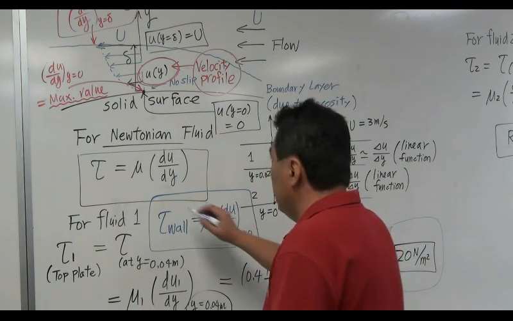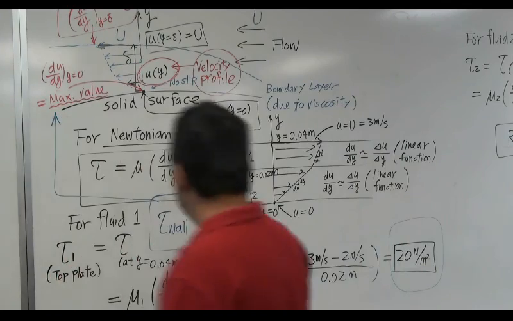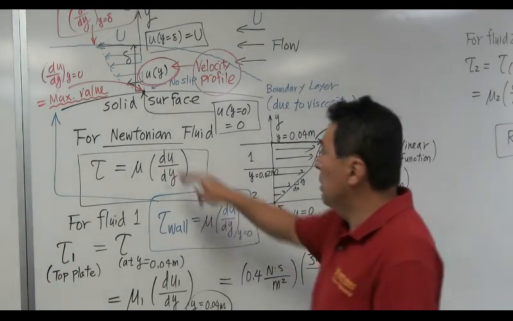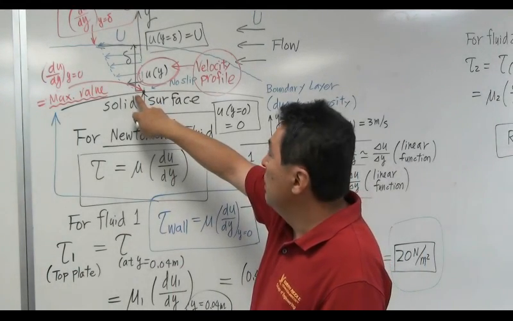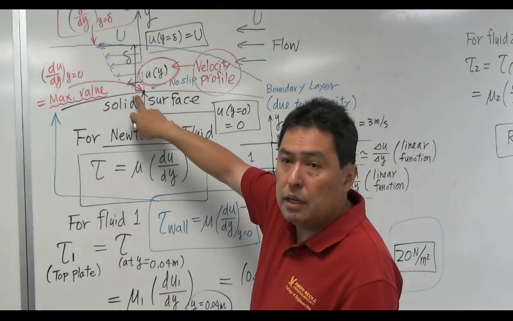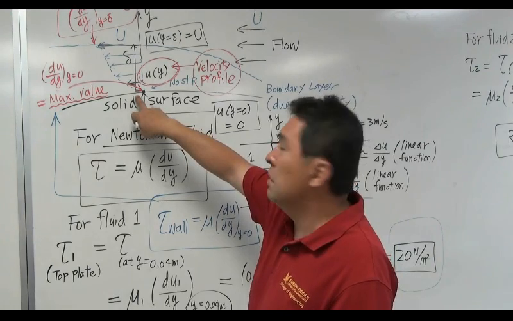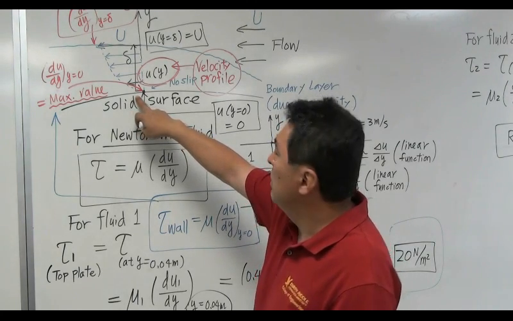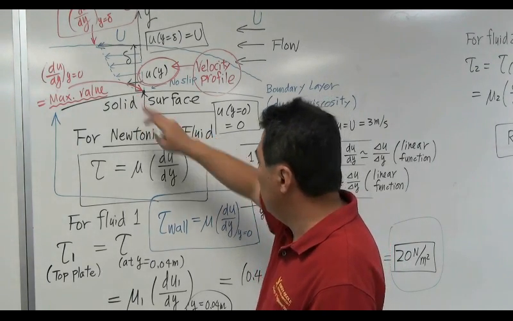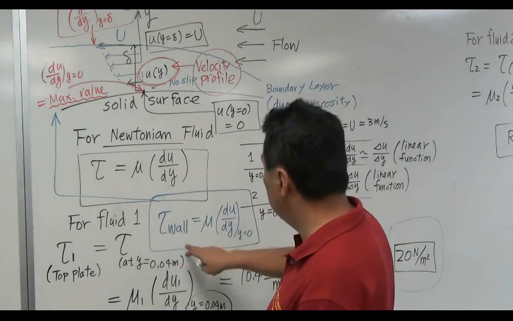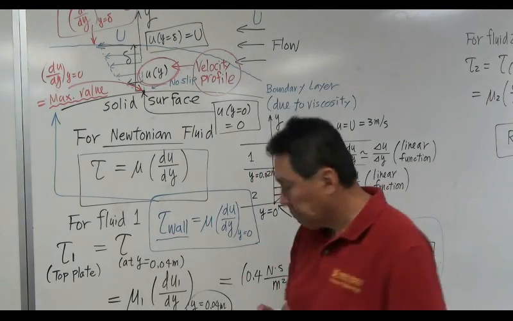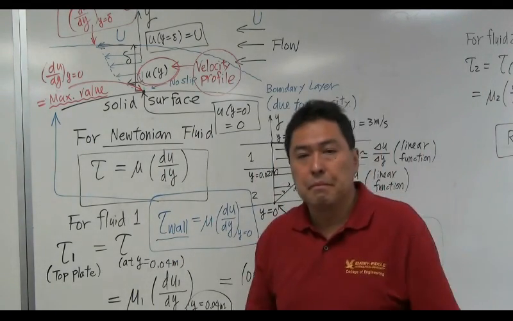Wall shear stress is, of course, the maximum shear stress, which is developed right here, right on the solid surface. Okay. Now later, if you take an aerodynamics class, L2, I believe, you're going to determine how much skin friction drag you're going to develop. Skin friction drag is essentially caused by this wall shear stress. Okay? Alright, that's it.